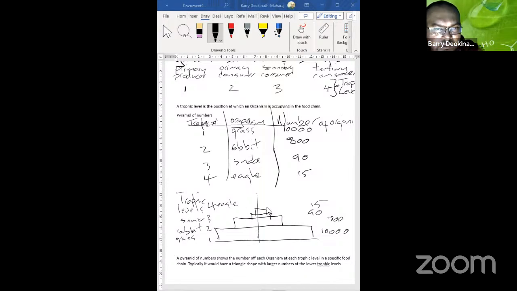So let's copy the table down and then the pyramid of numbers.